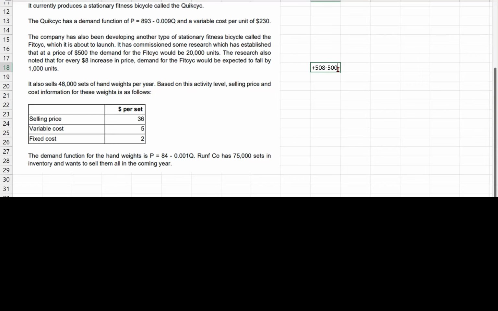This is the change in the price, and the demand would change to 19,000. So 19,000 minus 20,000 gives you 1,000. In this way we can calculate, but the question has already provided it, so we don't need to. We can simply put in this value and get the value of B as 0.008.